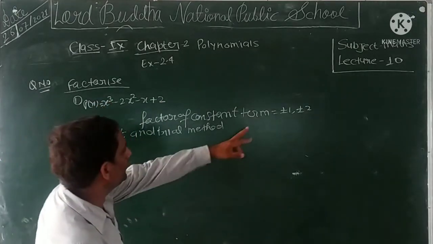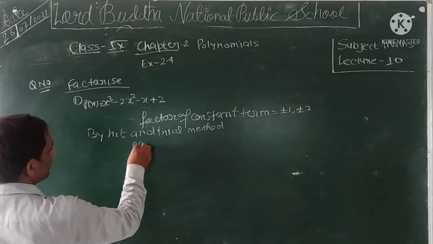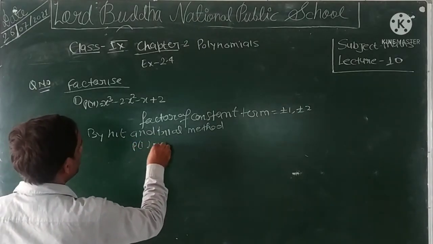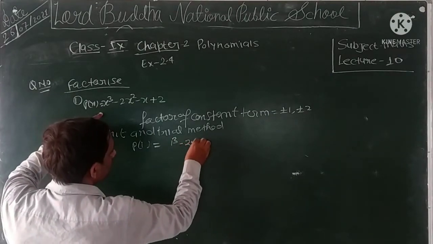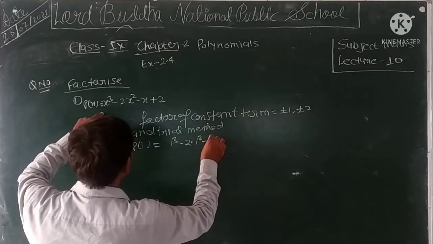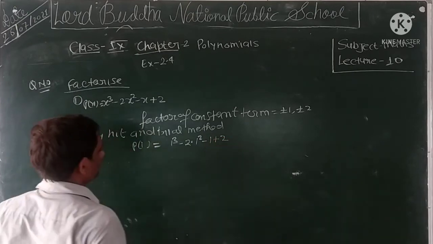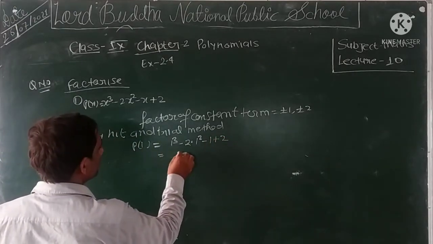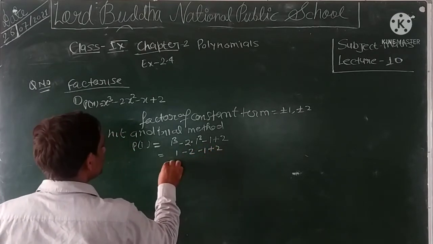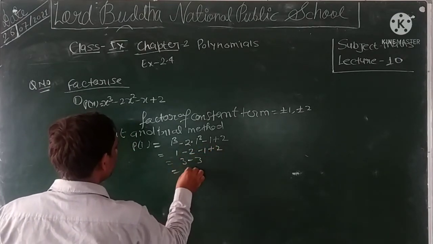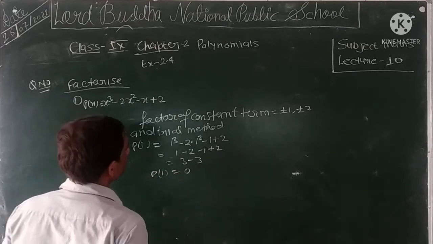So we take here 1. P(1) equal to 1 cube minus 2 into 1 square minus 1 plus 2. Now 1 minus 2 minus 1 plus 2. We see that 3 minus 3 equal to 0, means P(1) equal to 0.